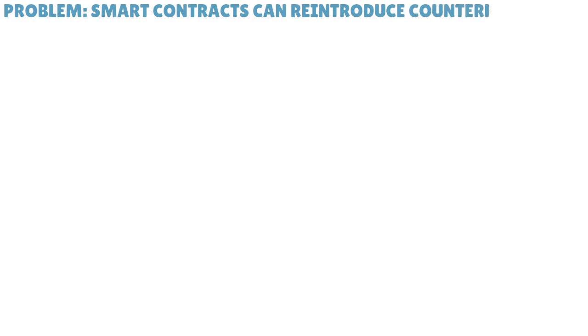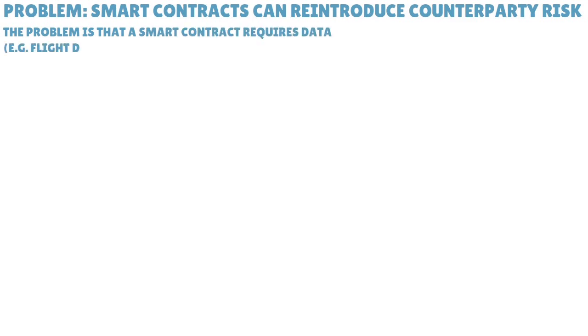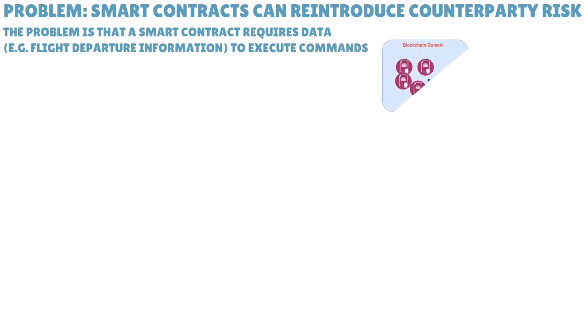If you think about Chainlink, you do have a certain set of problems. Smart contracts can reintroduce counterparty risk because a smart contract requires data, like flight departure information, for instance, to execute commands. But most of the data it needs to digitize and automate real-world agreements is not stored on blockchains. The smart contract cannot fetch external data either, because blockchains are like black boxes with no built-in ability to connect with the outside world.